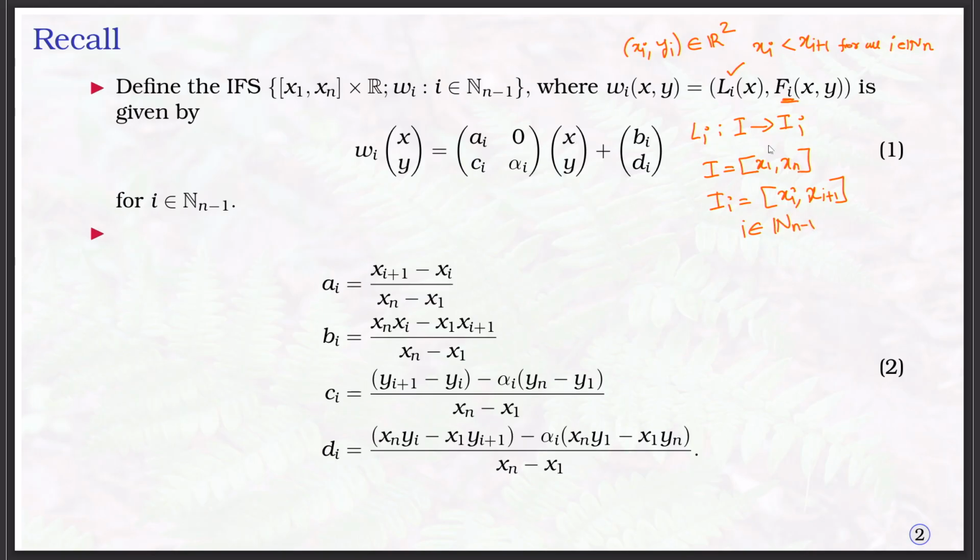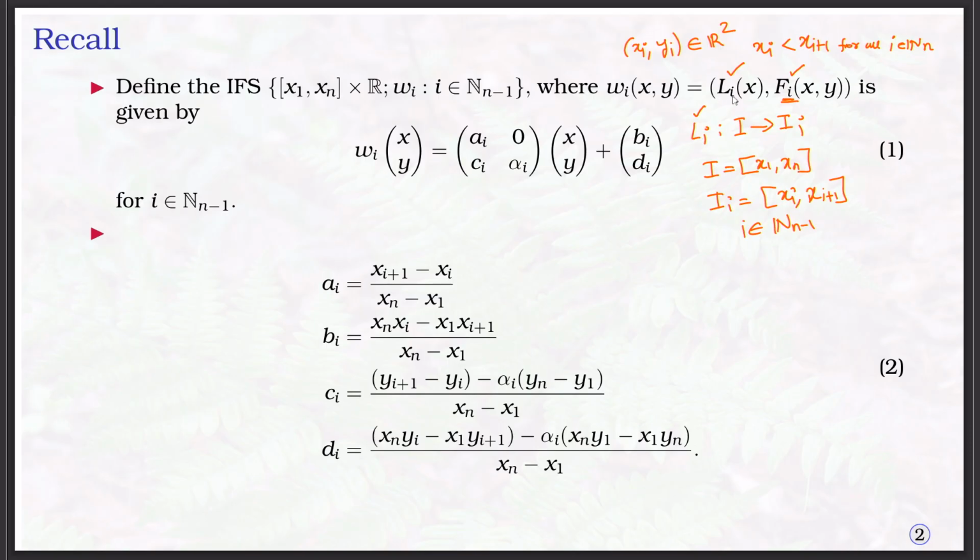If we have n number of data, then we will get n minus 1 number of intervals. So for each interval we define the Li map. Similarly, for each interval we define the Fi map corresponding to the Li map.